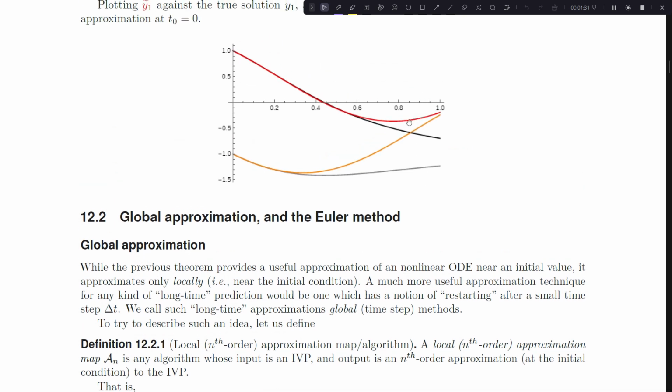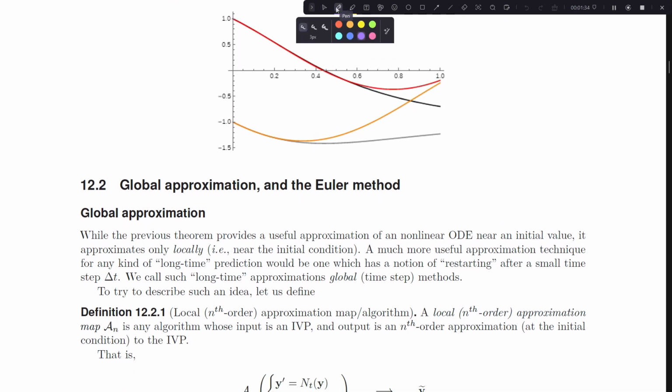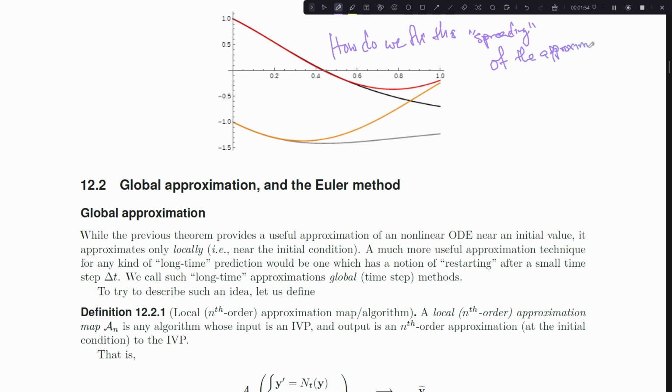So this section is kind of like, how do we fix this spreading of the approximate solution to the real solution? There it's at t equals 0.7 or something, but over here it starts to split at maybe 0.25, I suppose.